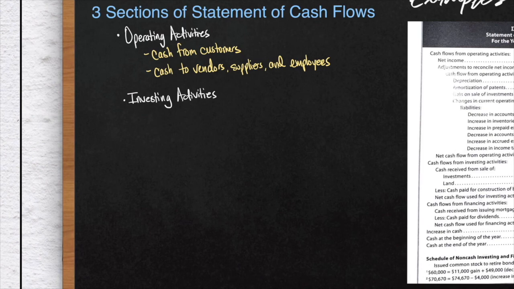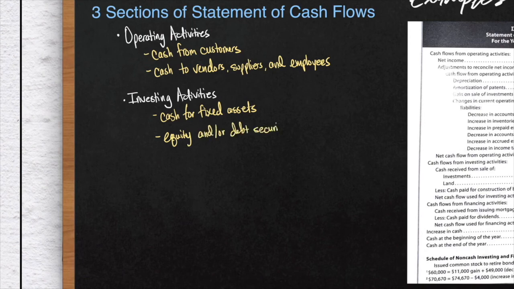The second section is called investing activities. Under investing activities, it lists cash for fixed assets, meaning it will list any cash dealing with fixed assets. It also deals with equity and or debt securities of other companies.